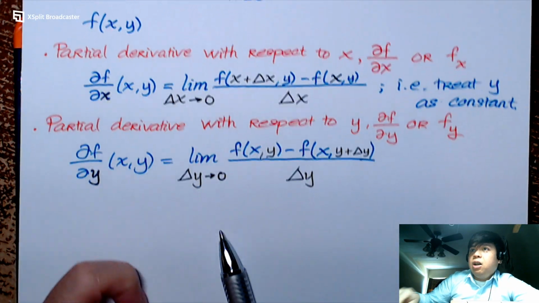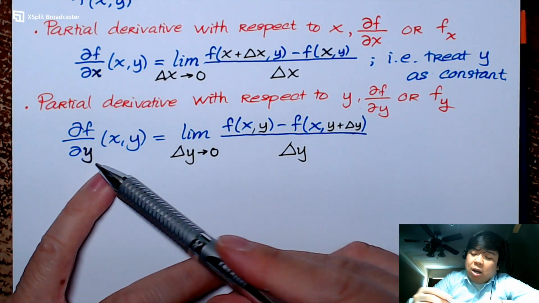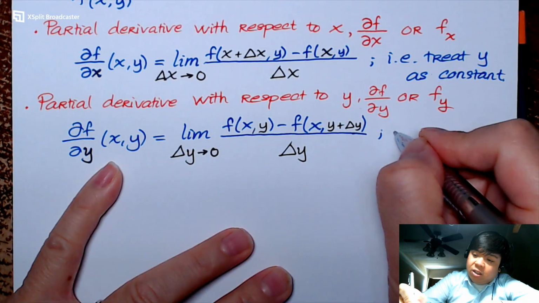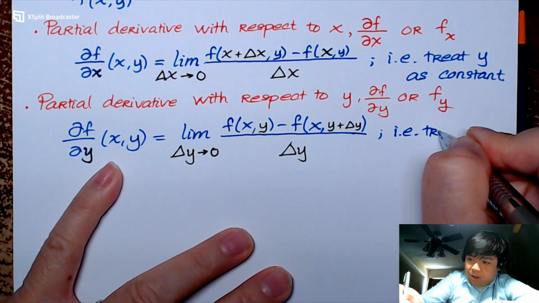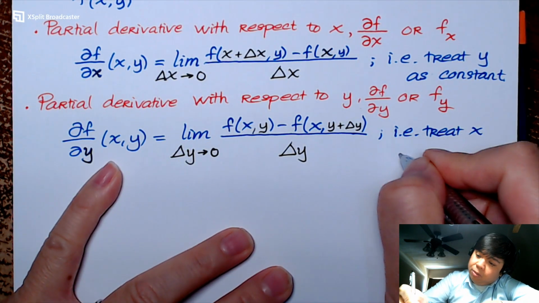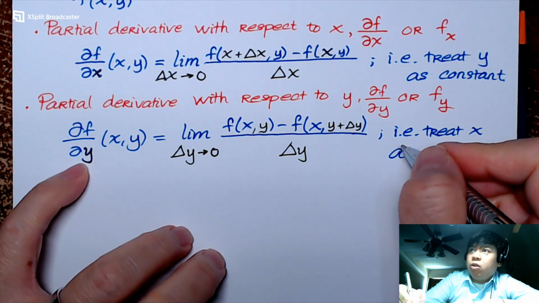So in the partial derivative with respect to y, we treat x as a constant.